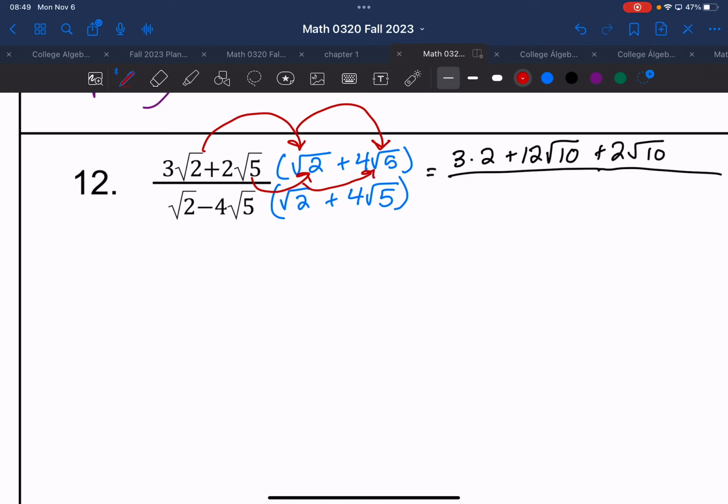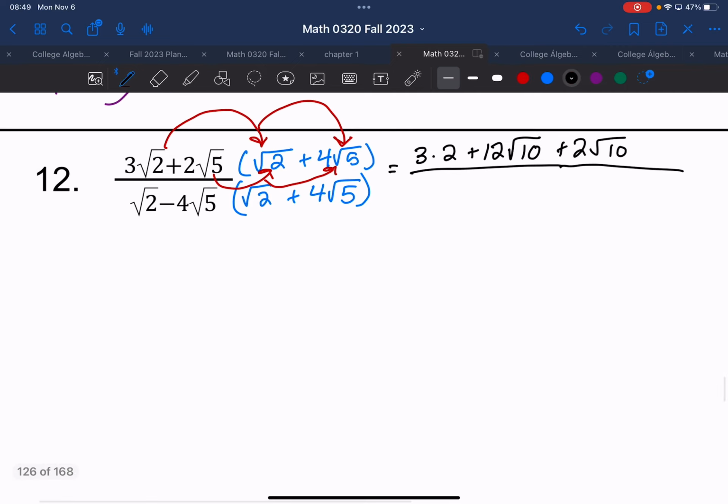So multiplying the outsides, 2 times 4 is 8. And then square root of 5 times square root of 5 is going to give us what number? Because they're the same, they cancel out the radicals. 5. So 8 times 5. Okay. Before we simplify that, let's go ahead and FOIL the bottom.